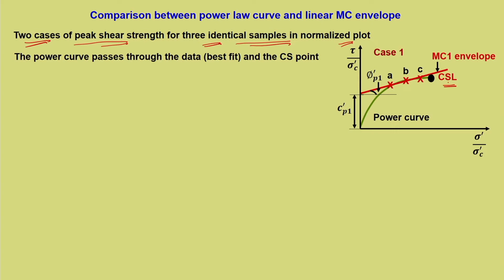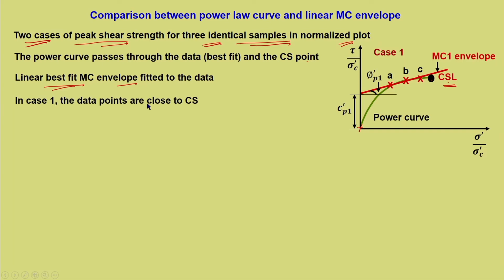The power curve passes through the data, that is the best fit, and the critical state point. So, the power curve passes through the origin, through the data and the critical state point. Now, we are best fitting a linear envelope or Mohr Coulomb envelope to the data. So, what we see in case 1 is that the data points are close to critical state and this is the best fit curve, and we can see that it gives a cohesion and friction.